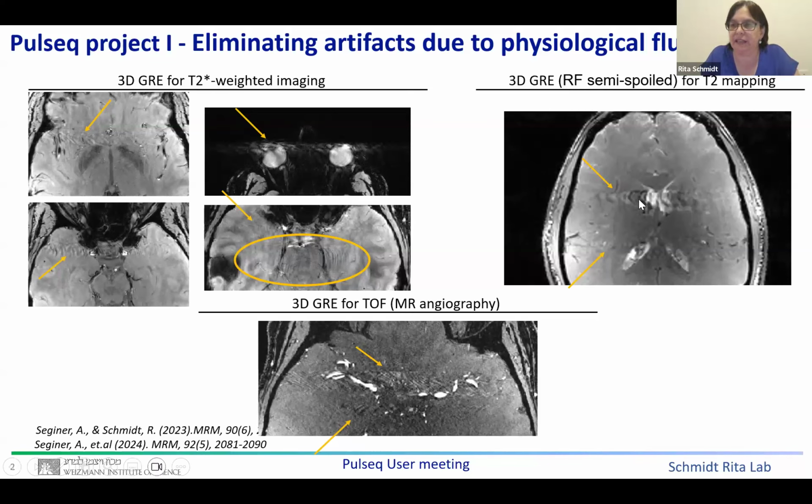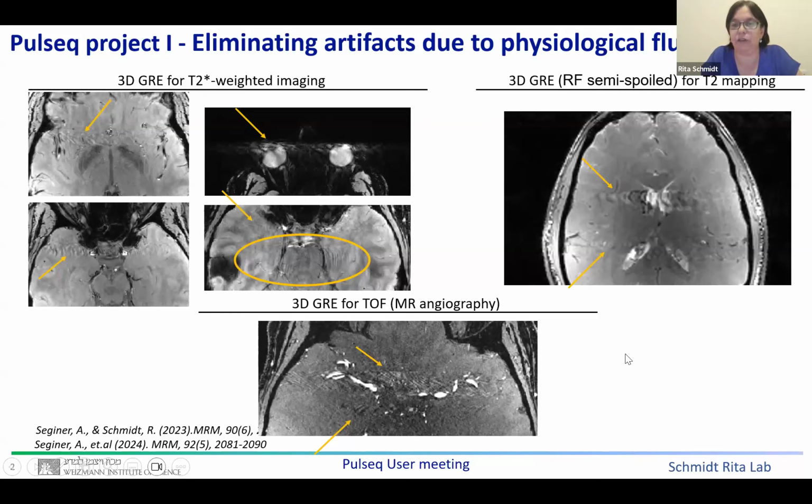On the right, you see an example from our T2 mapping related GRE acquisition, where cardiac pulsation comes as an artifact from the ventricles. And on the bottom, you see an example for time of flight angiography. So there are many stripes.